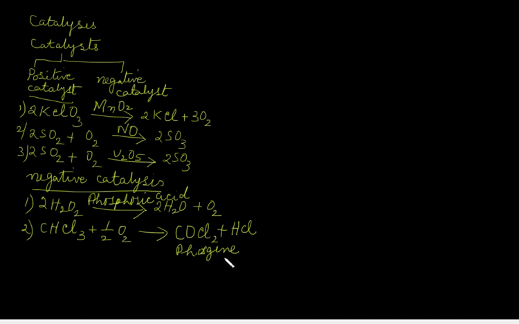Presence of phosgene can really be fatal. So this reaction can be prevented by a small amount of alcohol in the system. So alcohol is another example for negative catalyst. This process is negative catalysis.